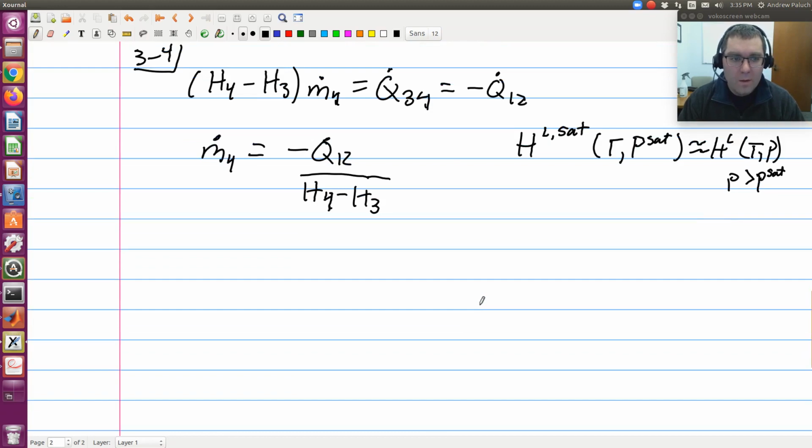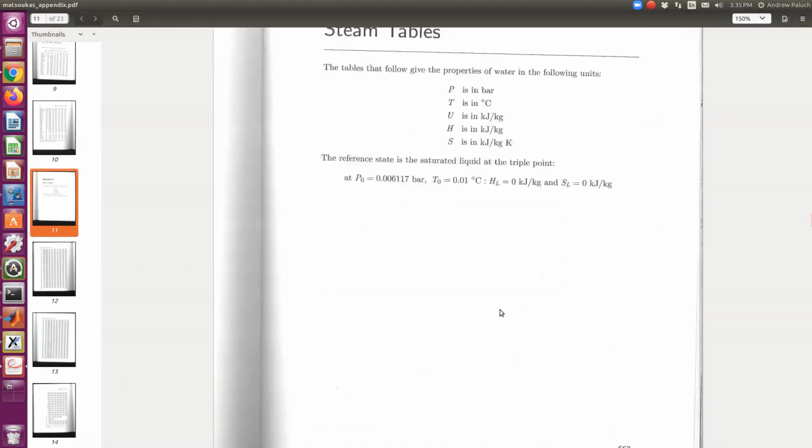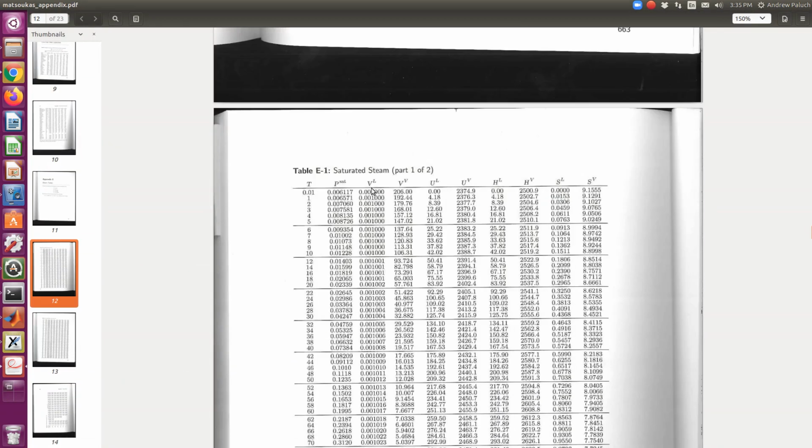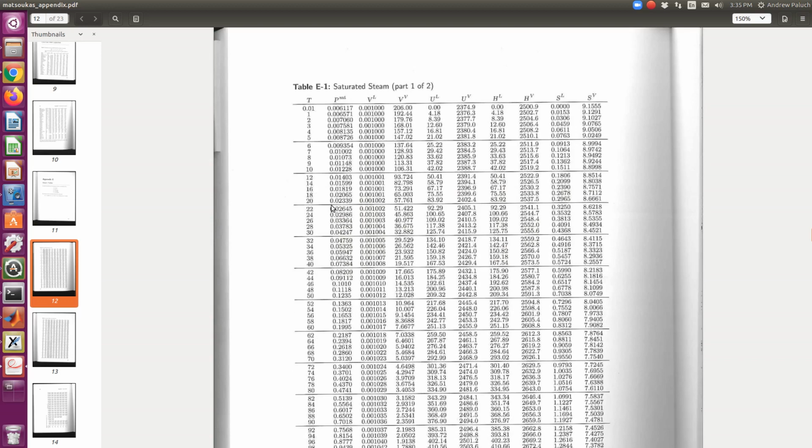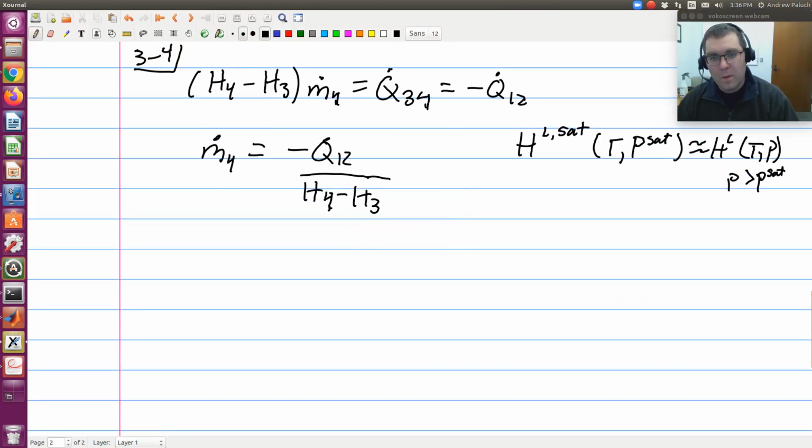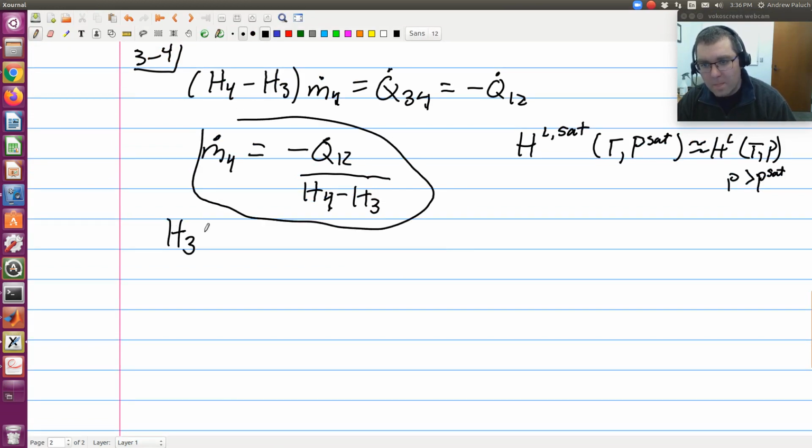So I'm going to go to my saturated steam table, since it's sorted by temperature, and 20 degrees C would correspond to stream 3. Remember, at 1 bar the saturation pressure is 0.02, so the pressure is greater than saturation. I'm going to read off the enthalpy of my liquid. This would be H3. Let me box this in since that's our working equation.